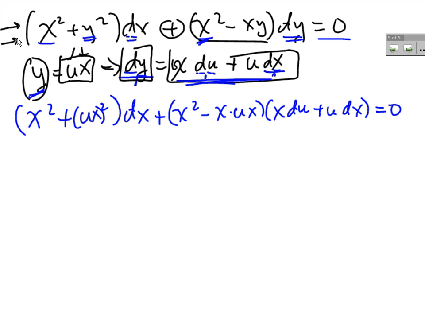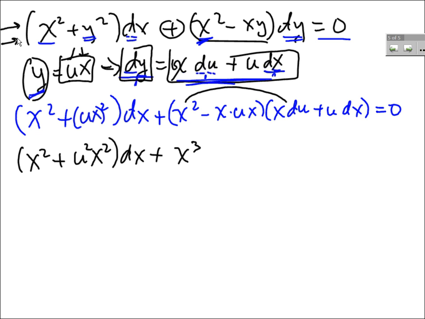Now let's clean this up a little bit. We have x squared plus u squared x squared dx plus. Let's distribute. We get that product, which is x cubed du, minus that product. Well, you have x times another x, that's x cubed, times u du.